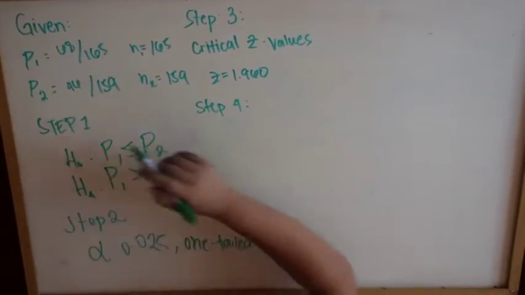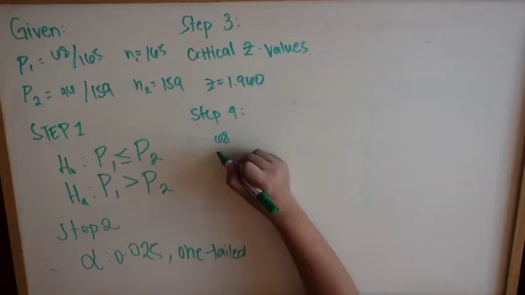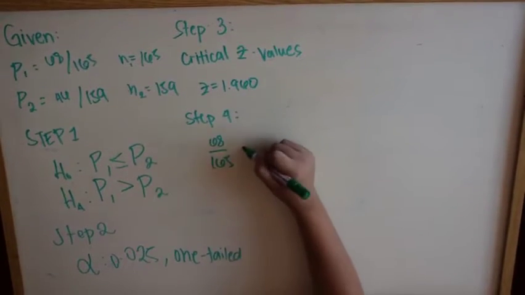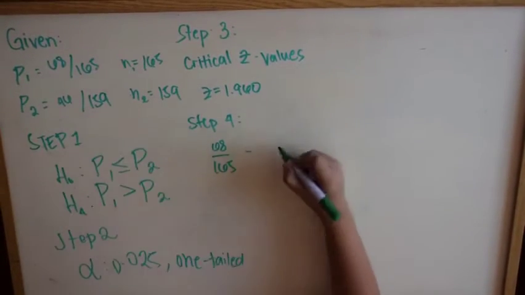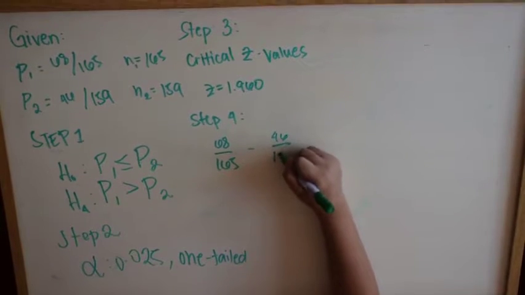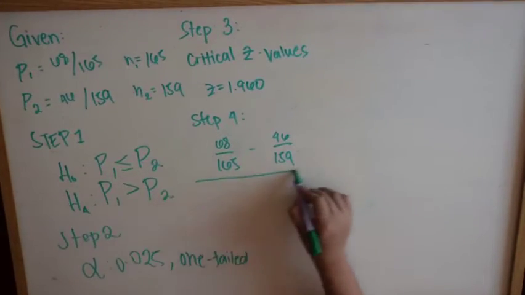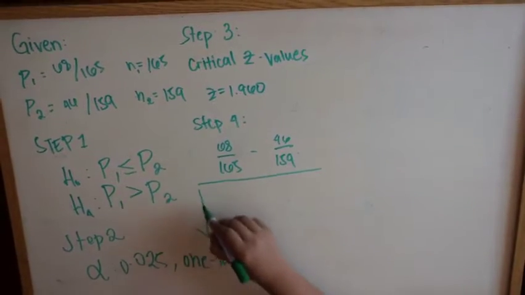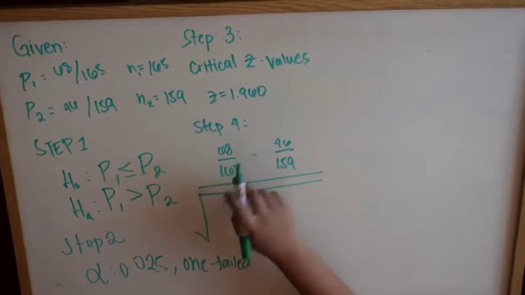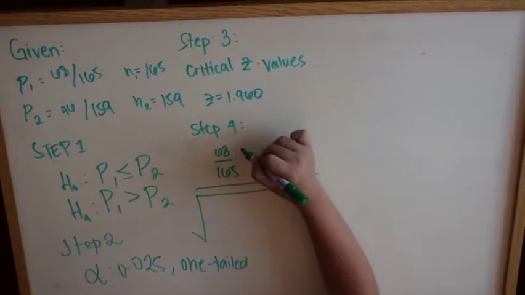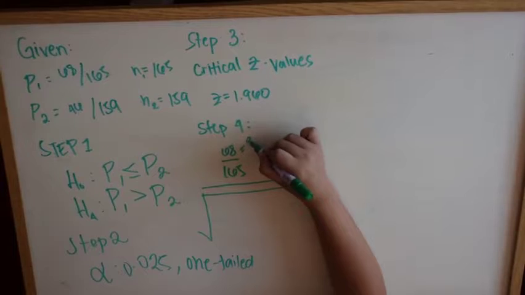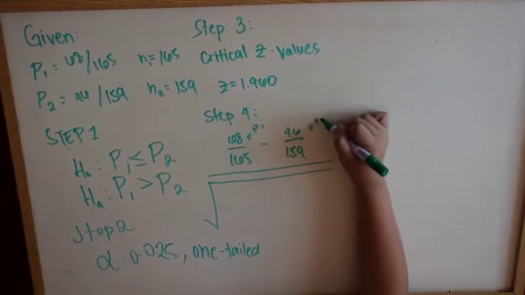So we input our P1, 68 over 165, minus our P2, 46 over 159, all over the square root of... since it's very long, we could substitute 68 out of 165 for P1 and 46 out of 159 for P2.